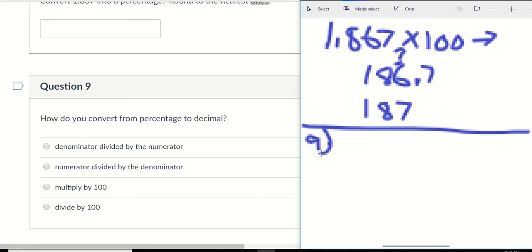For number 9, how do you convert from percentage to decimal? So in this case, we divide by 100 to get back our decimal.